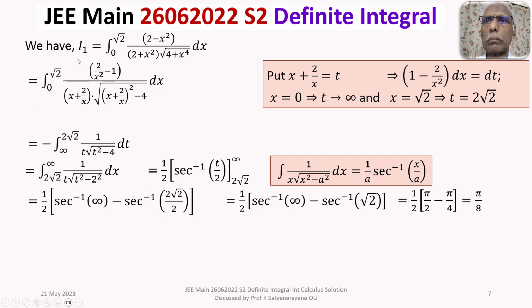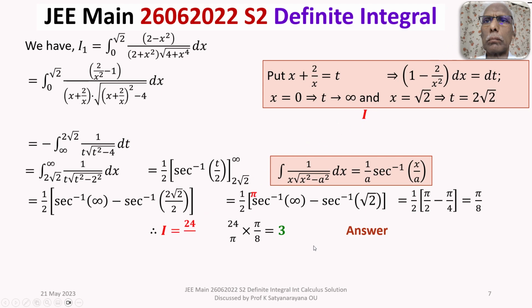Thus we have evaluated I1, but we have I equal to 24 by pi times I1. I is the given integral to be evaluated, and I1 we know is pi by 8. 24 by pi into pi by 8, after cancellation, we get the answer 3.